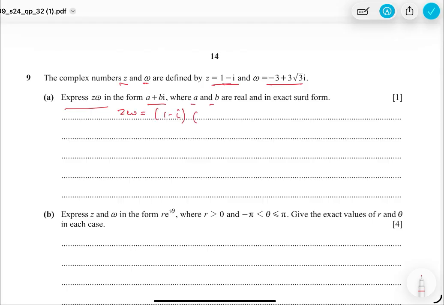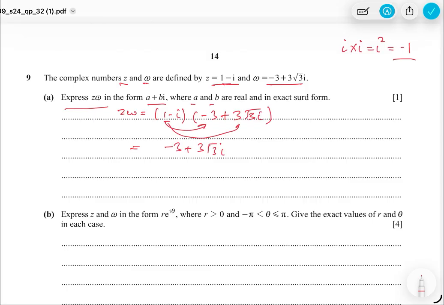1 minus I, 3 plus 3 root 3 I. The basics should be clear. So if we do I times I, that is I square, and that is negative 1. You should know that. Okay. So we'll multiply them. First we'll multiply 1 by both of them. That would give us 3 plus 3 root 3 iota. Then we will multiply this by this. It would give us minus 3 iota.